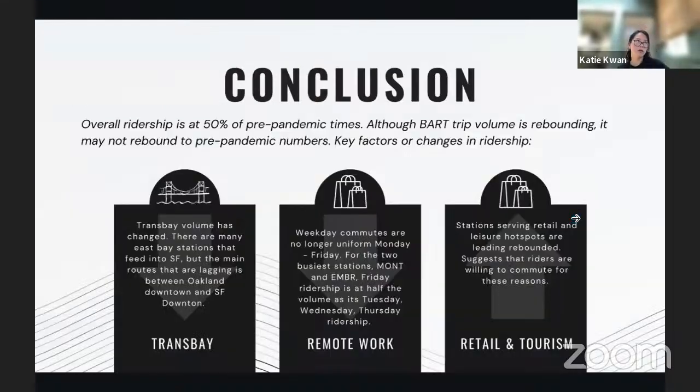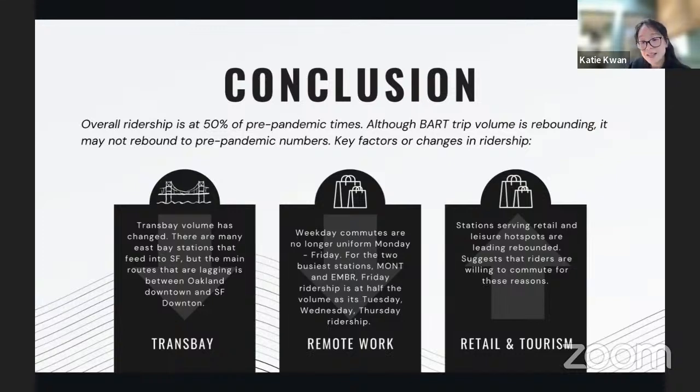Okay, so what have we learned? I think that first off, overall ridership is about 50% of pre-pandemic times. So we're about 4 years out from the pandemic. We've returned to 50% of it. We are seeing that there are factors in the way that we are rebounding, and the key factors to changes in ridership are, one, the fact that Trans-Bay volume is down.